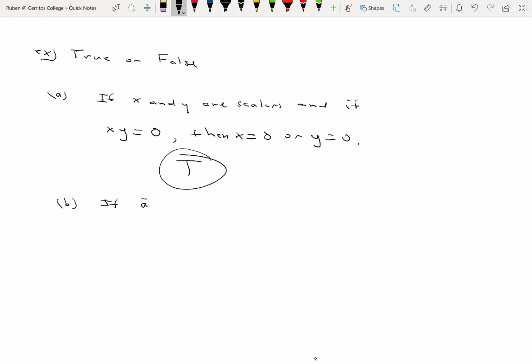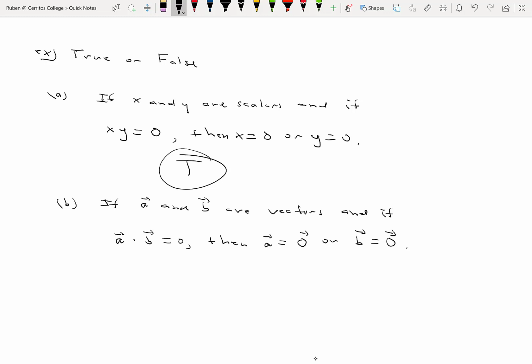So if A and B are vectors, and if A dot B equals 0, then A must equal the 0 vector, or B must equal the 0 vector.